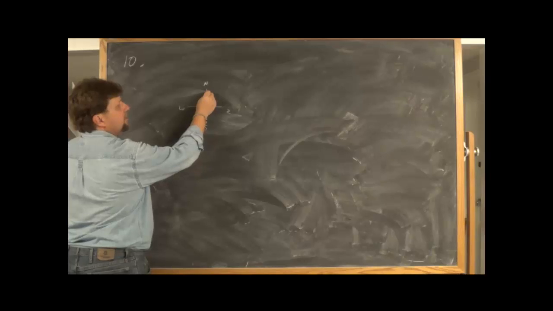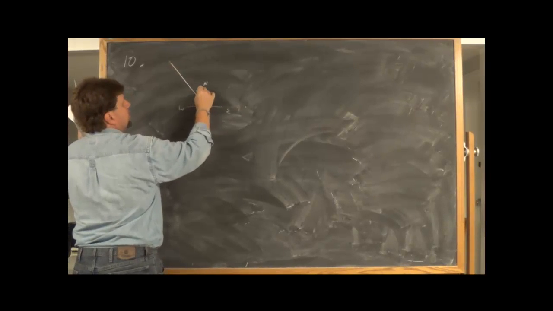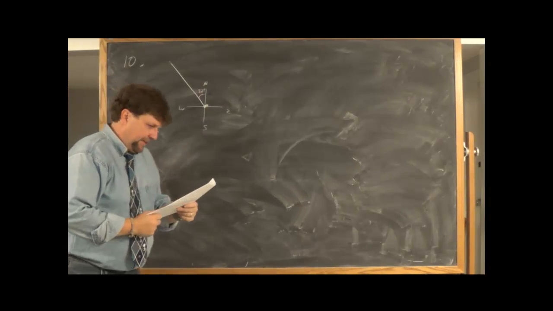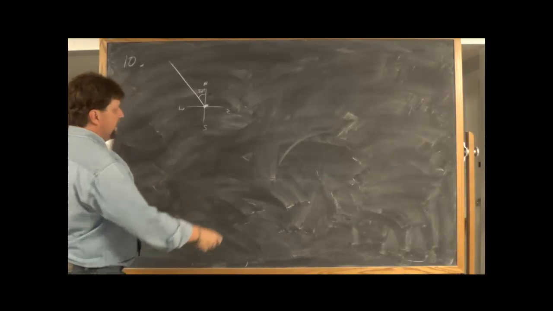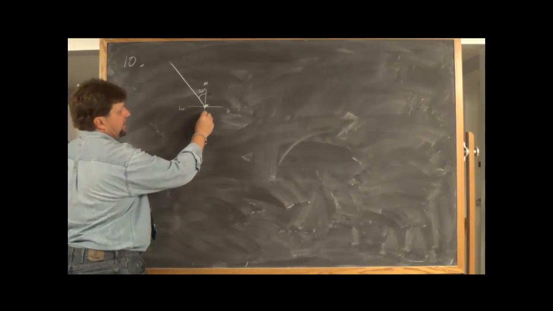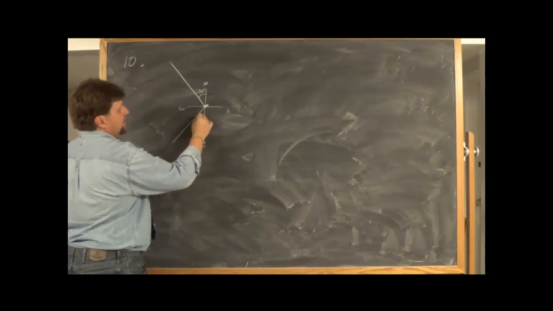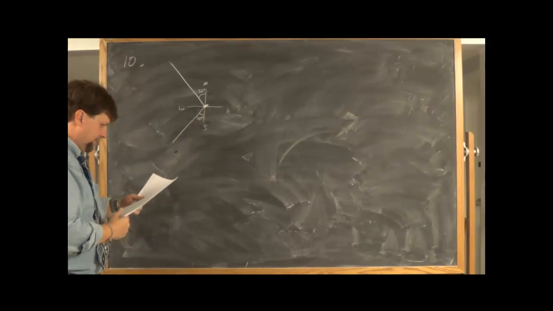So I start at north, come 32 degrees towards the west. So that's the one plane. That's 32 degrees. The other plane was at south 20 degrees west. So south, I come 20 degrees towards the west. There's the flight path of the other plane.